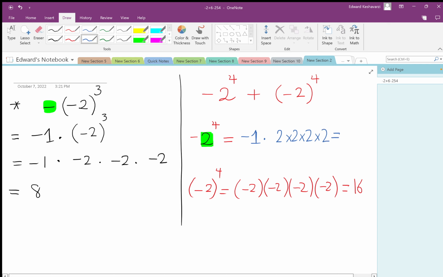So there is 1 negative only, so the answer should be negative, and 2 times 2 times 2 times 2 is 16. Okay, so it means negative 2 to the power of 4 plus negative 2 to the power of 4. This one is negative 16, and this one is positive 16. So the answer would be 0.